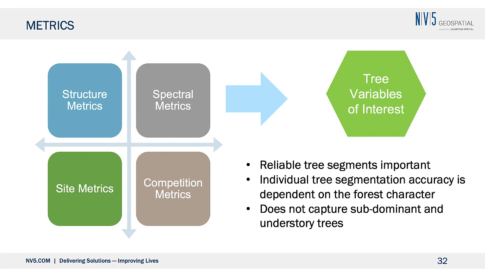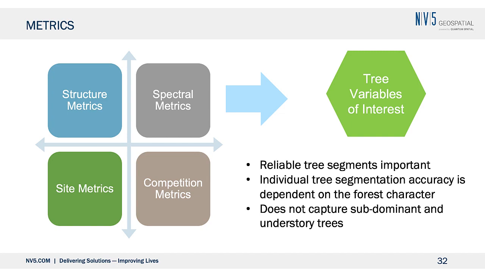We have site metrics from the ground, and we have competition metrics related to one tree and its next neighbor. And so we need a reliable tree segmentation, so that when we're applying these metrics, we're applying them to the actual tree we're interested in, rather than a mix of trees.